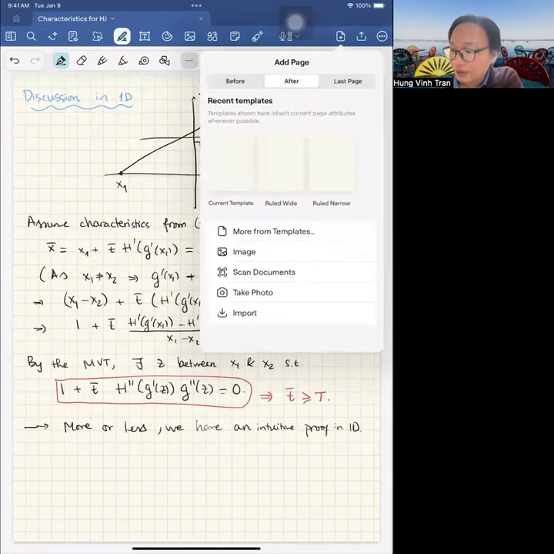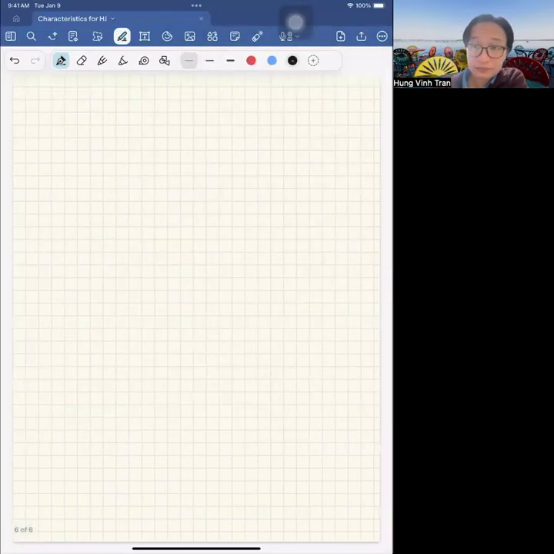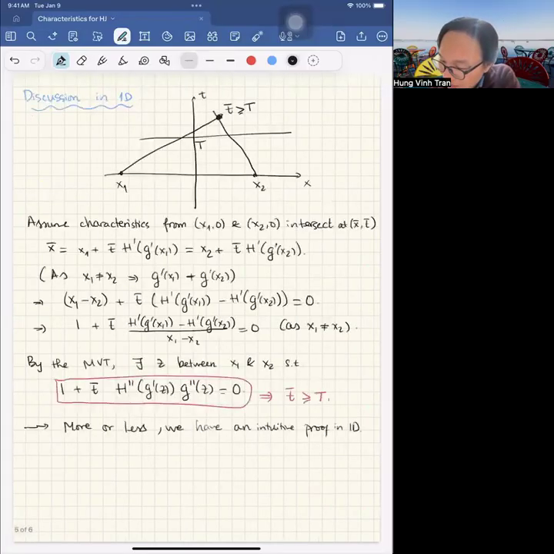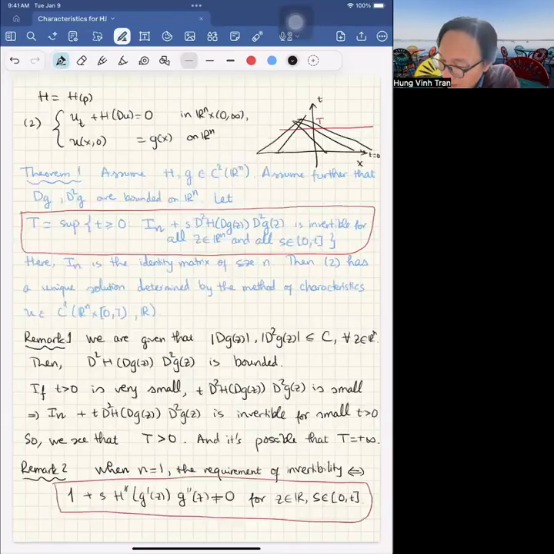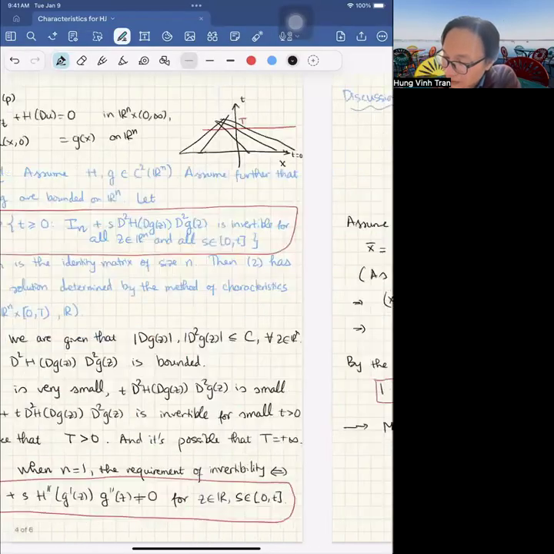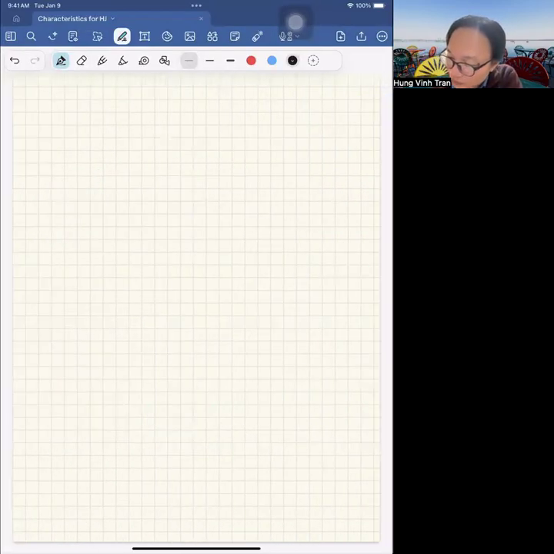So now let me give you the full proof of the theorem. And in order to do so, because it's in multi-D, I would need to use some of the results on the inverse mapping theorem and implicit mapping theorem. So let me state, I will accept one of them. Okay, so some tools to prove theorem one.